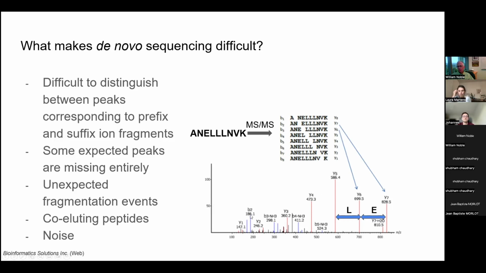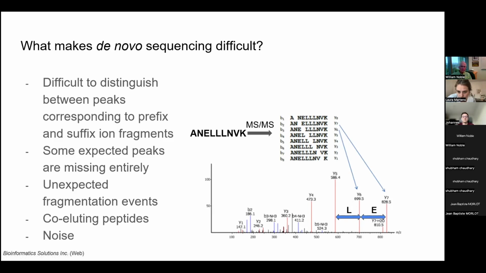And all of those are observed in the mass spectrometer, but of course, they're not labeled as B or Y. We don't know which ones are prefixes and which are suffixes. And so you have to infer that from, for example, the observed mass differences between pairs of peaks, which would correspond to the mass of a particular amino acid.